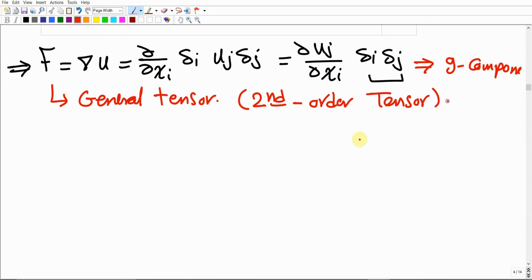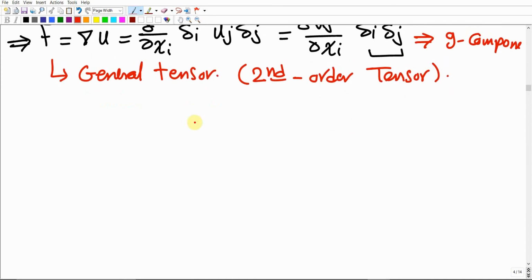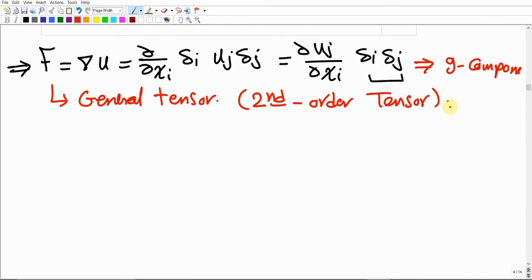Also, we discussed before in the vector and tensor calculus that any general tensor with 9 components, whatever it is, second order, third order tensor, or higher order tensor, but the focus through this course is just on second order tensors. Any second order tensor can be split into symmetric and skew symmetric parts, right?